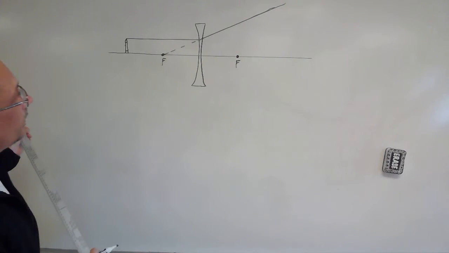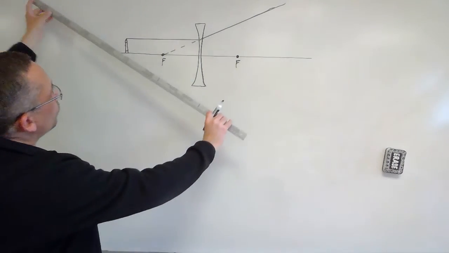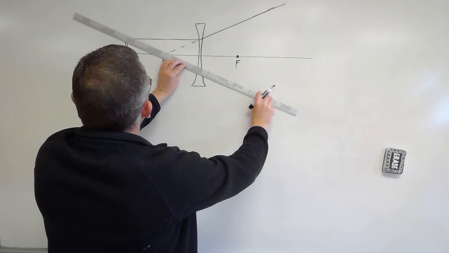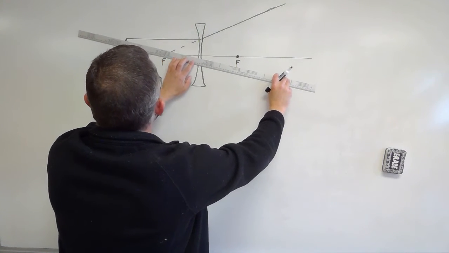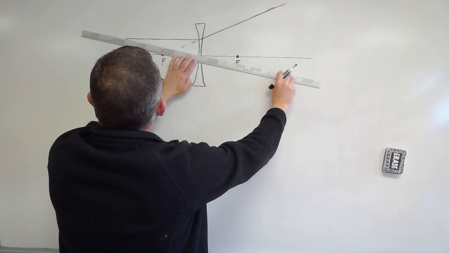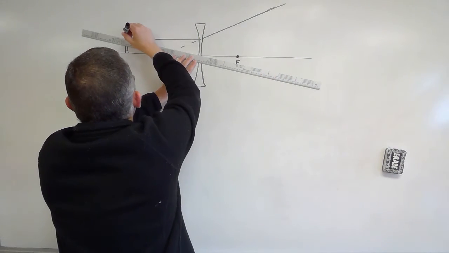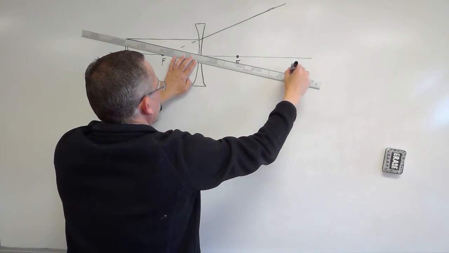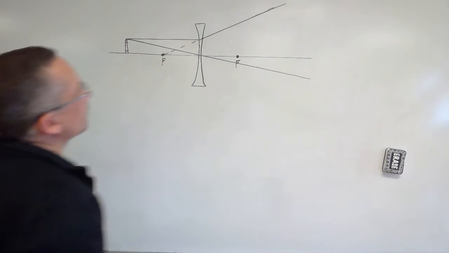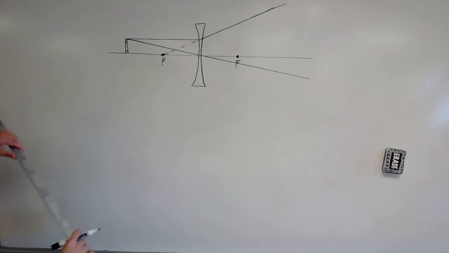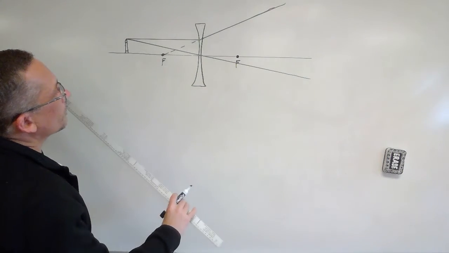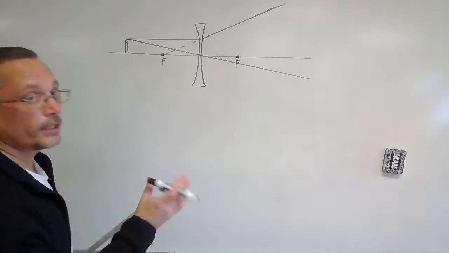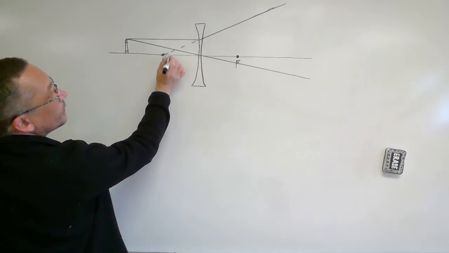Okay, my second line will go straight through the middle. Okay. And my third line, well, I don't need a third line here because I can see where the two intersect.